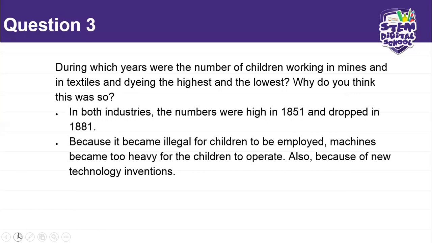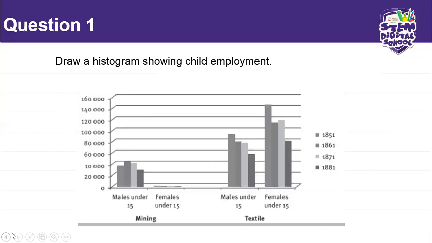In both industries, the numbers were high in 1851 and dropped in 1881. Let's go and check. The numbers were high in 1851 and dropped in 1881. So the numbers were high in 1851.